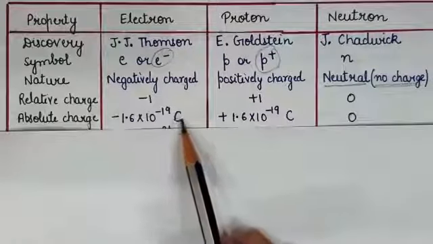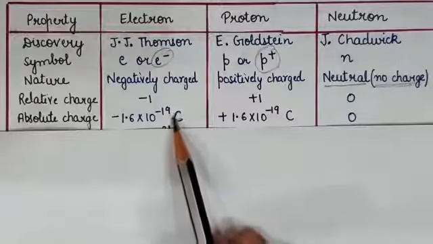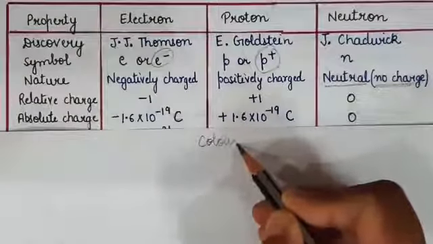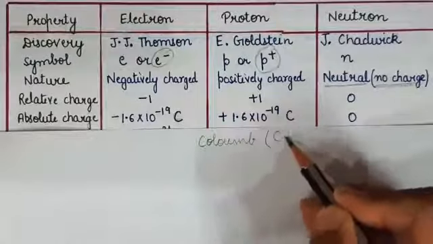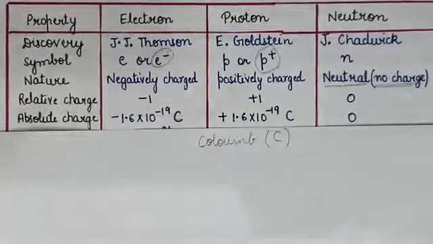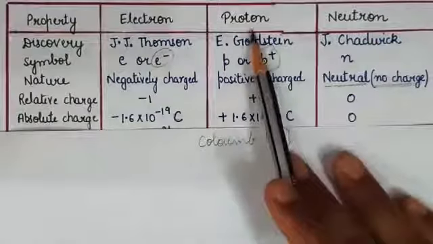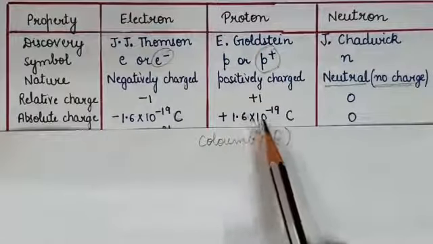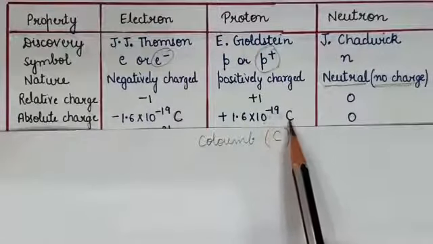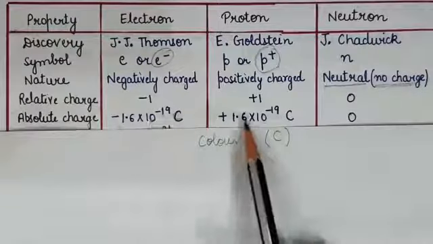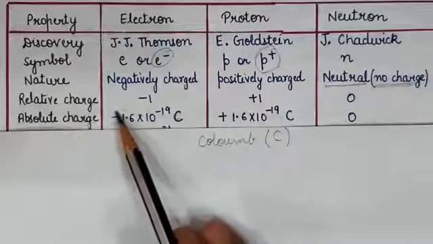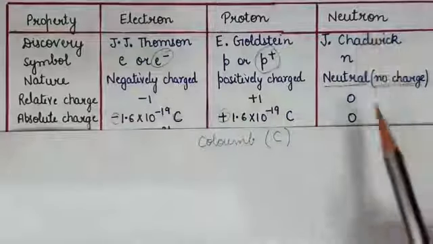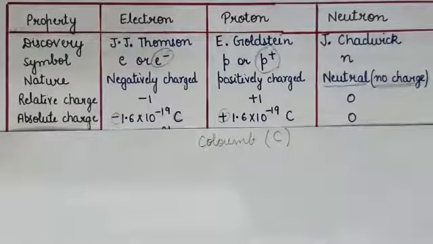The SI unit of charge is written as coulomb, capital C. Proton, the absolute charge is plus 1.6 into 10 to the power minus 19 coulomb. The charges are same. There is only a difference in the sign. And neutron has no charge. That is clear.